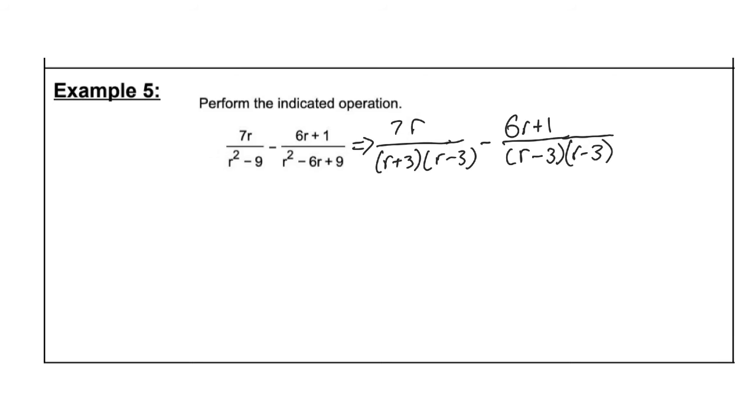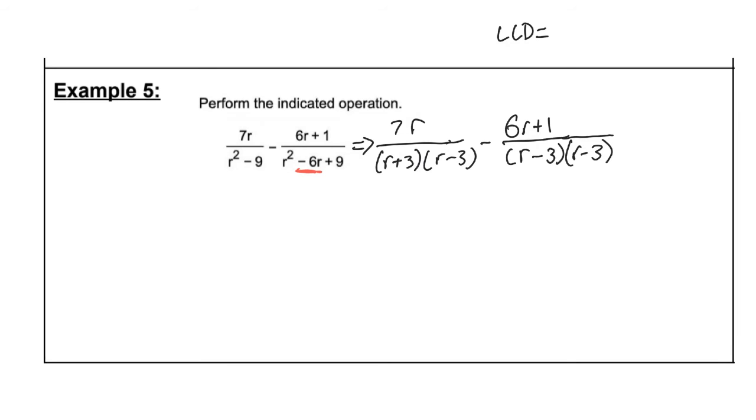That's because negative 3 times negative 3 gives us positive 9, and then negative 3r plus negative 3r gives us our negative 6r here. Now we find the LCD. So I'm going to put the LCD as my cat tries to walk on my computer.